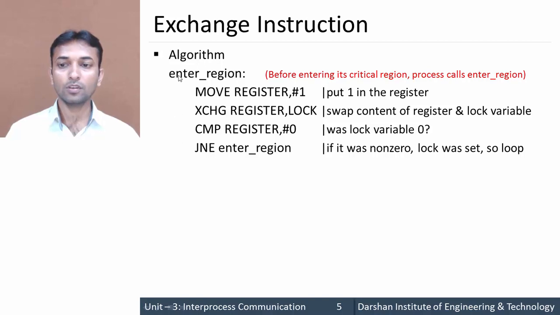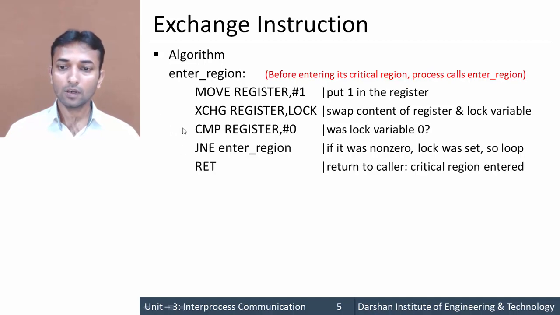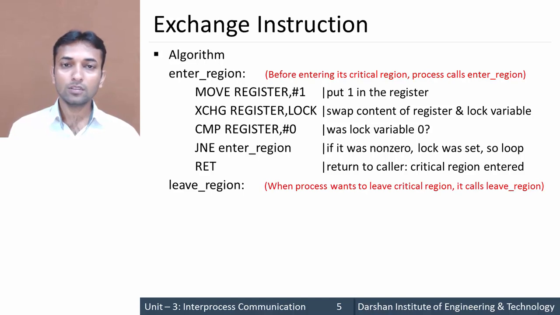then your cursor is moved over here. So these three instructions are repeatedly executed and your process is in a tight loop, meaning in busy wait, until the value of the register becomes 0. And if the value of the register becomes 0, then the process will enter the critical section, so it's return and leave_region.